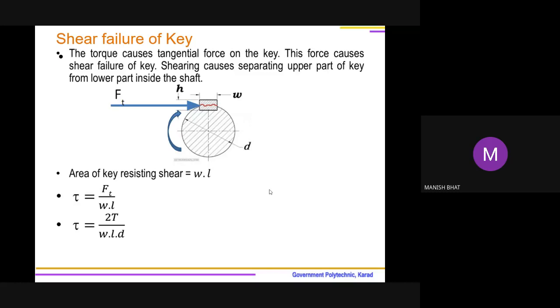W is the width of key, L is the length of key, whereas small d is the diameter of that particular shaft. So the first mode of failure by which key fails is shear failure. This diagram is indicating shear failure of the key.